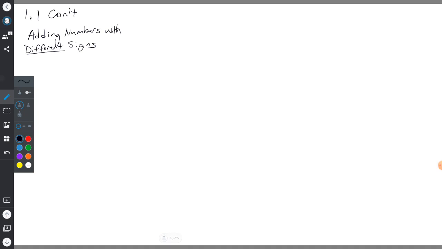So when we looked at the last part, we were working with numbers, adding numbers with the same sign. So if they were both negative and we were adding them together, we just added the numbers as normal and then kept the sign. So now when we're adding numbers with different signs, the rule is to actually do subtraction.